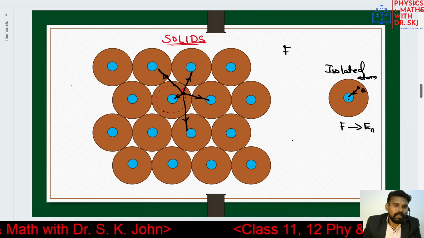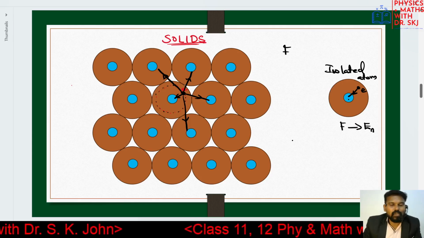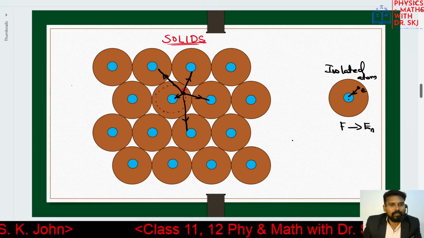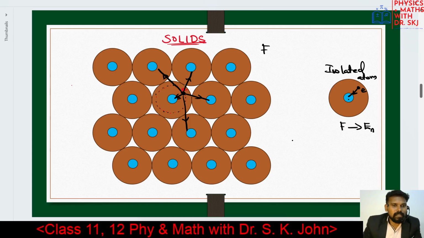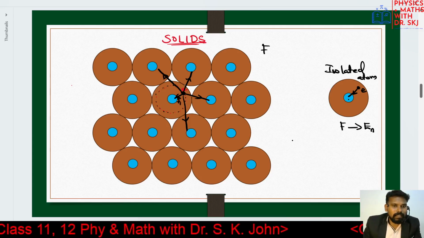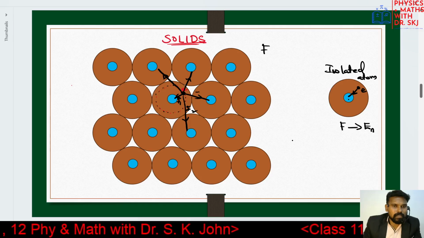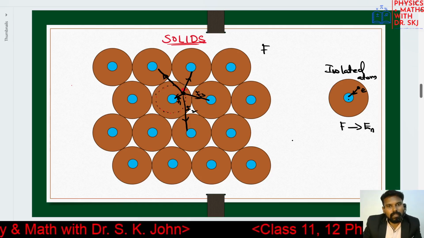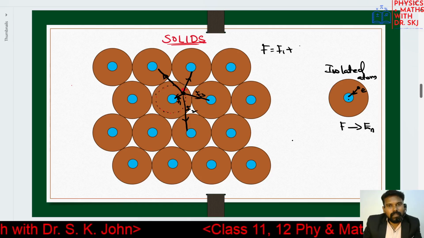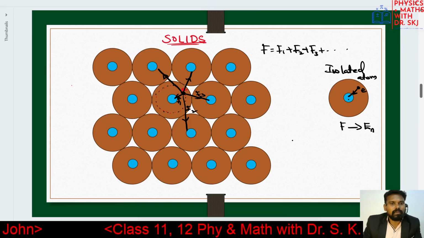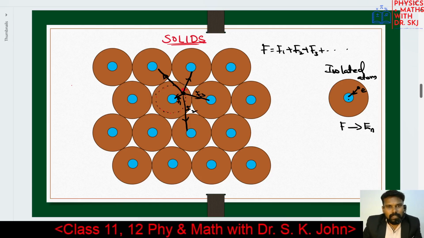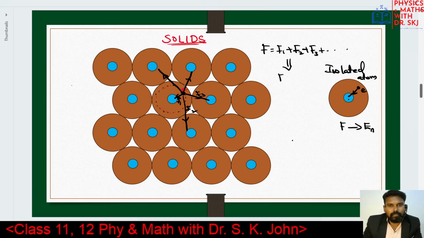So in a solid, the energy level of an electron is determined by a group of forces. Let this be F1, this F2, this force F3, and so on. So the total force is F1 plus F2 plus F3 plus some other forces from the neighboring nuclei. So this determines the energy levels.